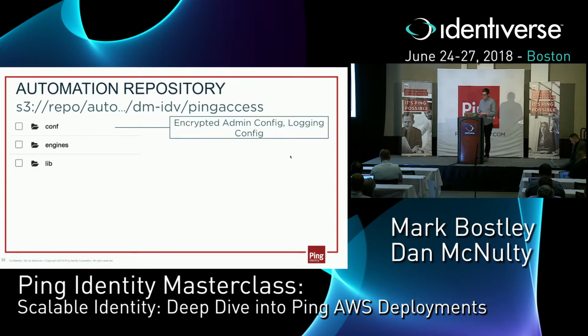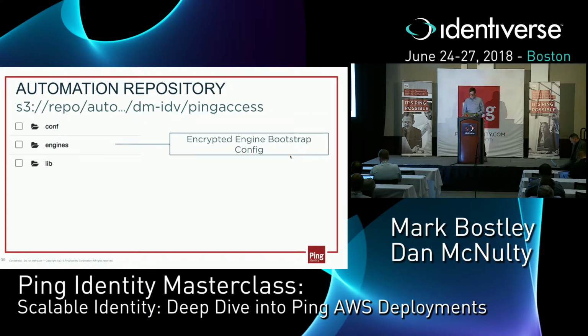Dig into that directory further, we see that there's a conf directory. This contains encrypted admin config and some logging configuration. And then this engines directory. This is really about the orchestration between the admin node and the engines. When an engine is spun up, there's a Lambda function that gets called. It'll talk to the admin, register the engine, and get this bootstrap file.